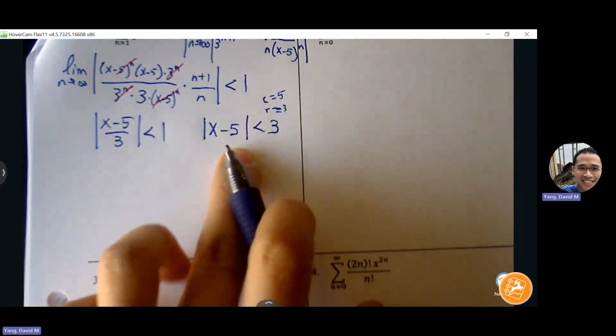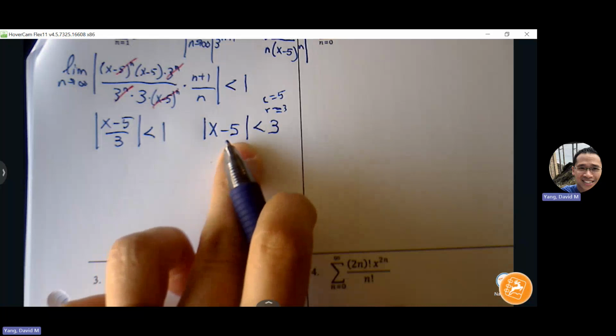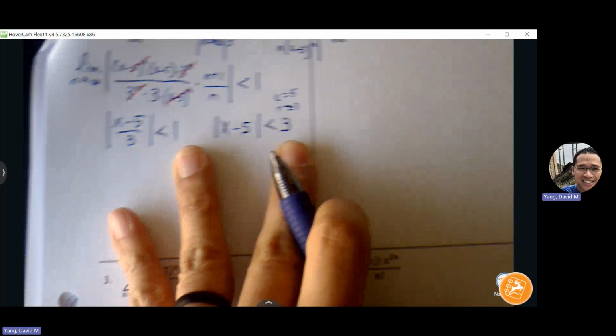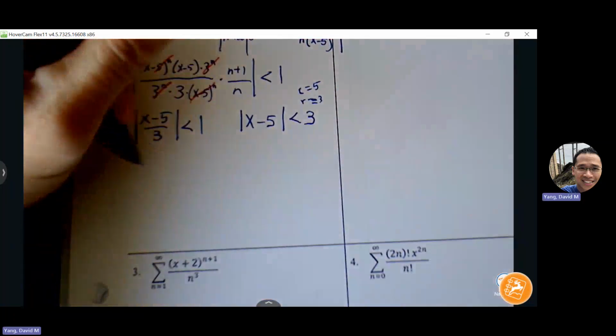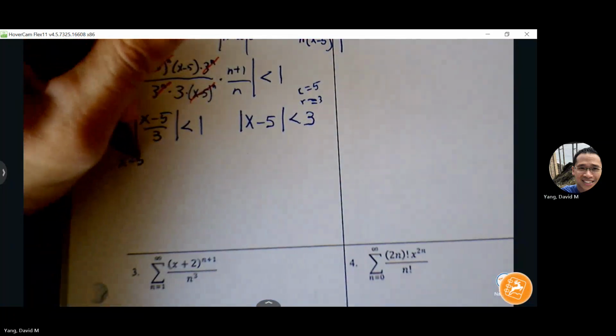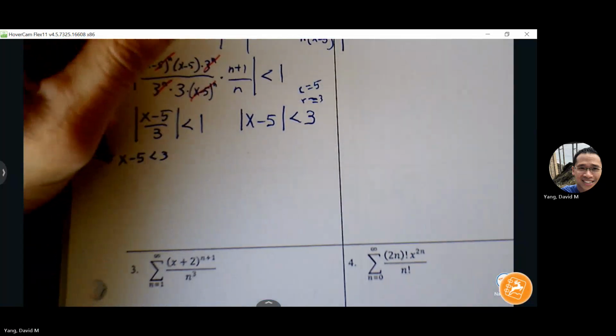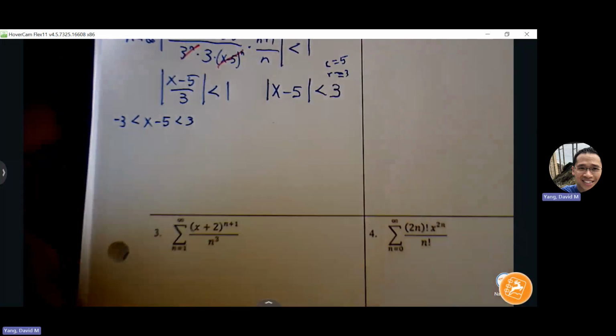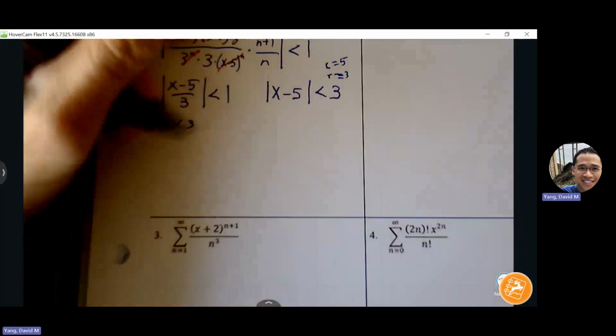Okay, let's just solve this like we've done before. We can drop the absolute value and do an inequality with -3 and 3 on both sides. Add 5 to all the terms, and we can get x by itself.